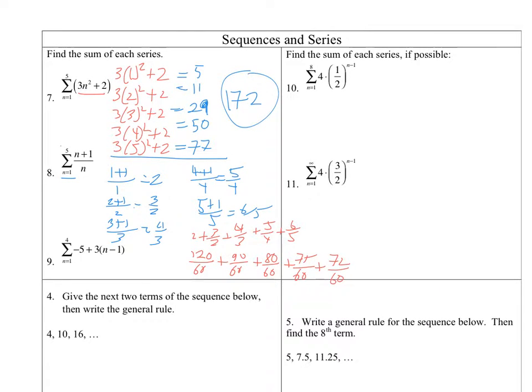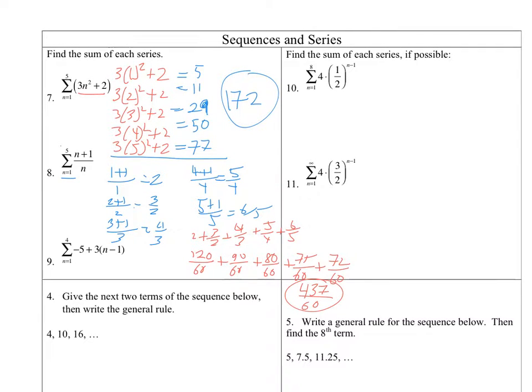And then when I add all these things up, 120 plus 90 is 210 plus 80 is 290. Plus 75 is going to be 365, plus 72 is going to be 437. So 437 over 60 is our final answer.